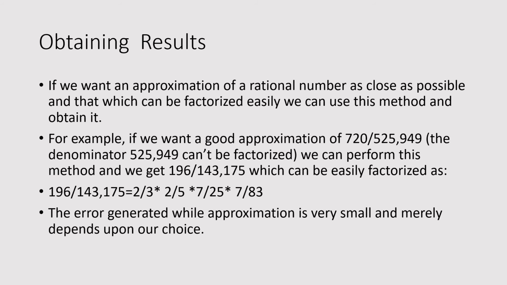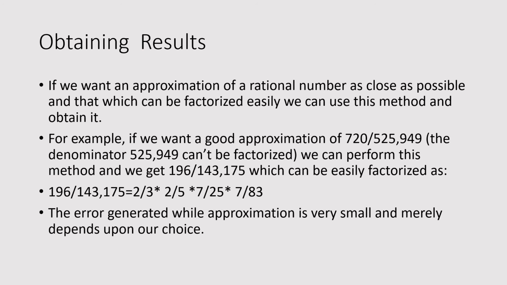For example, if we want a good approximation of the ratio 720 by 5259949. By the way, this number occurs when we want to make a hand which completes one rotation in 1 year from a hand which completes one rotation in every 12 hours. This ratio comes, that is, the angular velocity of the hand which completes one rotation in a year is equal to 720 by 5259949 of the wheel which completes the rotation in every 12 hours.